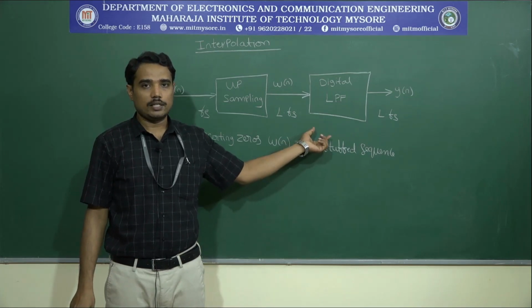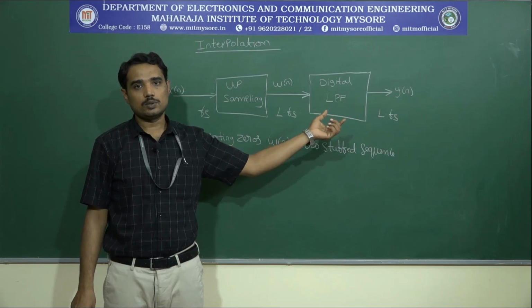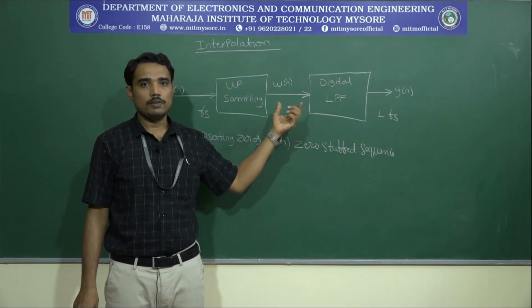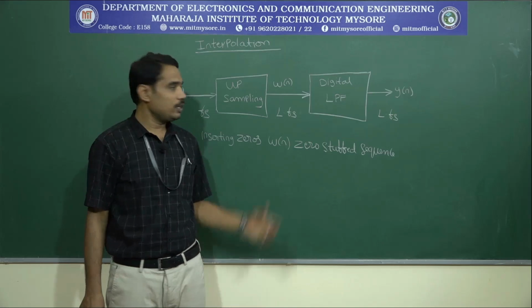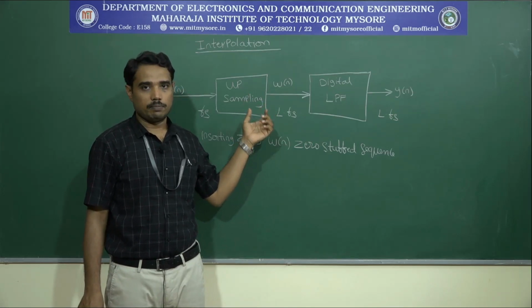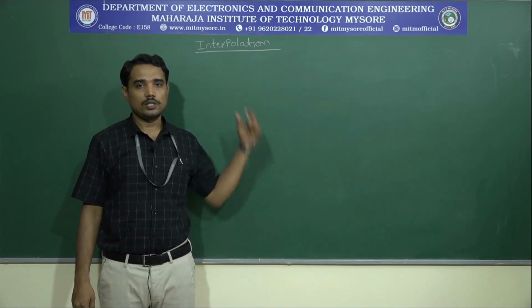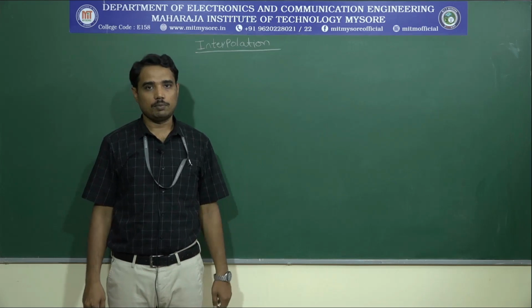For interpolation factor L, L minus 1 zeros are to be inserted between each sample. In order to understand this concept, let us try to work out an example. Before we solve the problem, let us try to know the output equation for the interpolation.